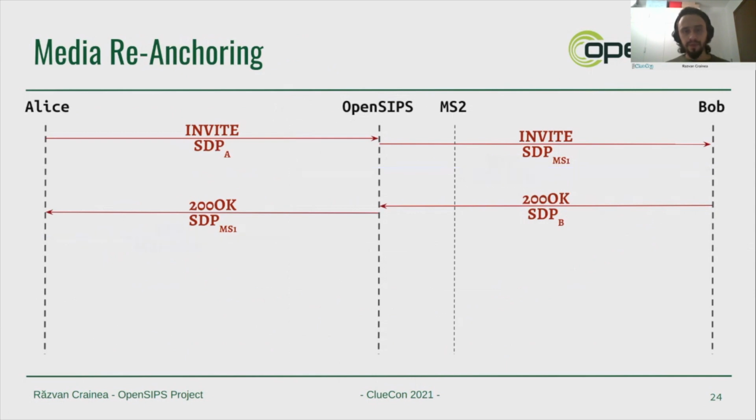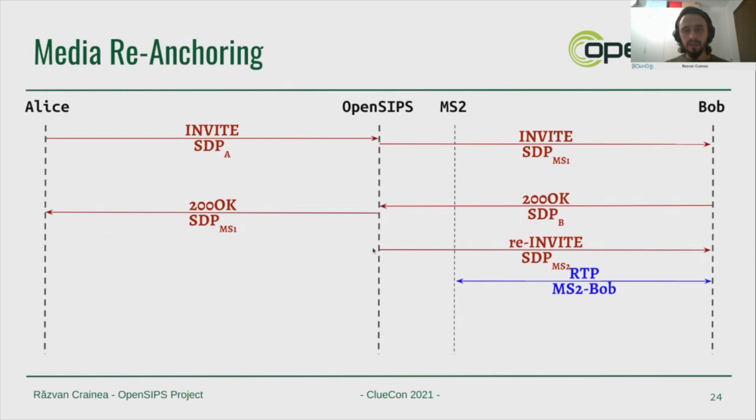Now MS1 disappears, therefore their RTP streams disappear. What we'll do is send a re-invite to Bob, providing him the SDP from media server 2. We can do that because we can create the session, because we store the entire information of Alice's RTP profile. This means that Bob will talk with media server 2.